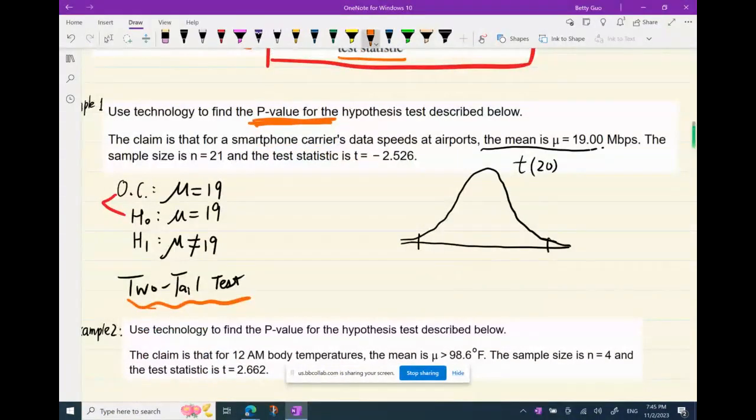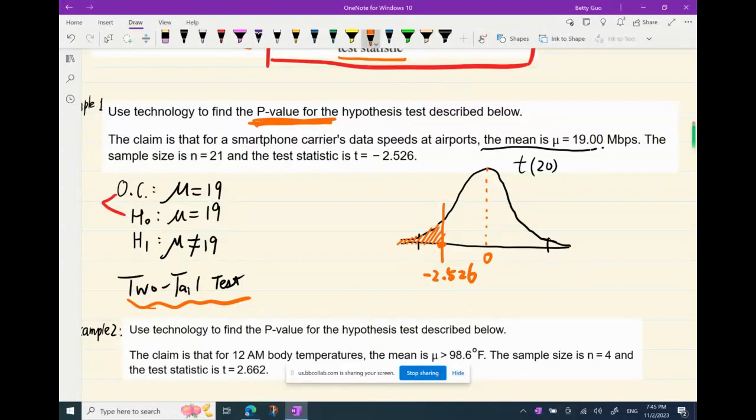In this case, our test statistic t is negative. Remember, t distribution is centered at 0, same as the z distribution. So here's 0. Test statistic t negative 2.526 is around here.